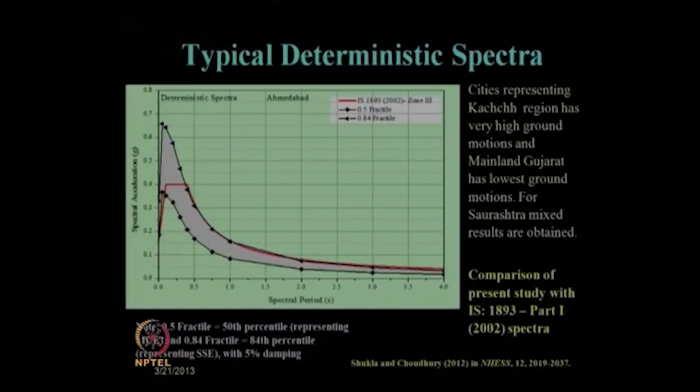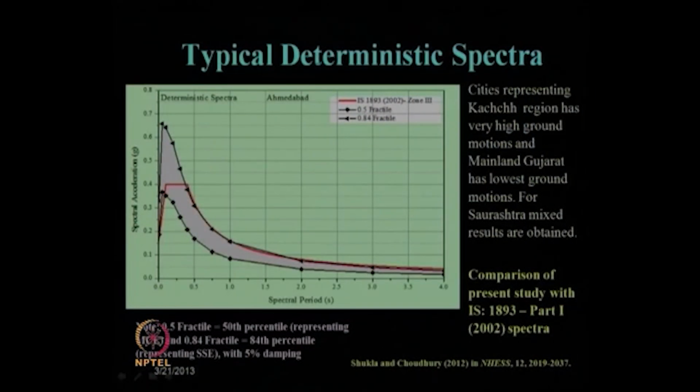Now, let us compare our results with the suggested values given in our Indian seismic design code, IS 1893. Let us look at the typical deterministic spectra given by IS 1893 2002 for zone 3.